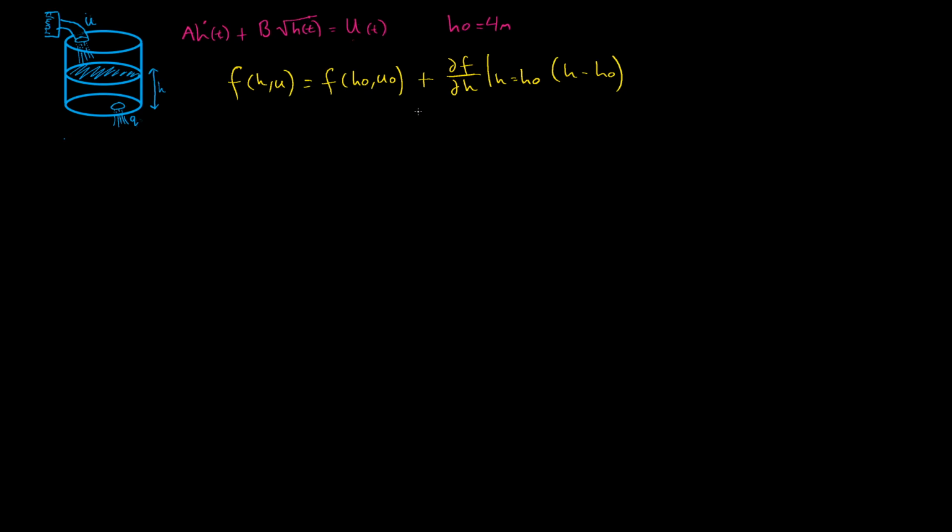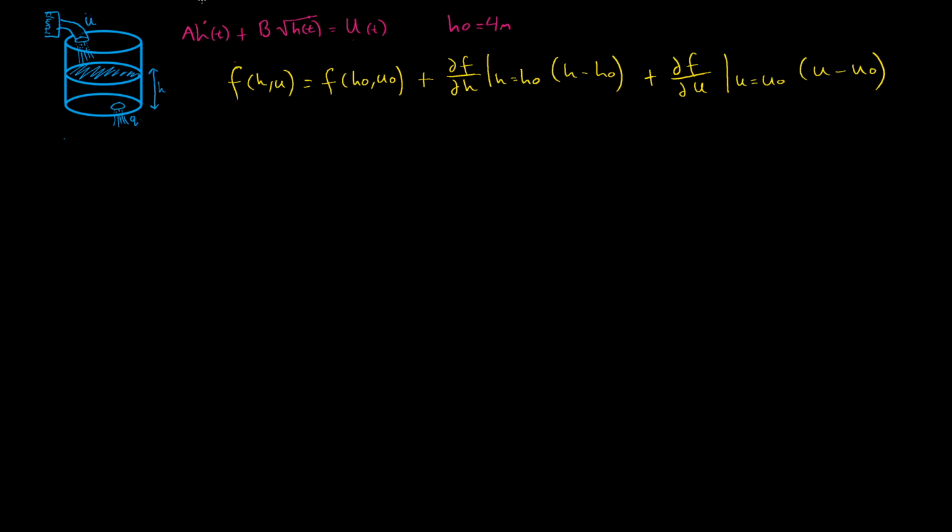Whereas in the last video we would have stopped here, we now need the partial derivative of f with respect to u evaluated at u_0 times u minus u_0. And for a proper Taylor series representation of the original function, we could keep adding terms, but since we're trying to linearize, we stop at the first order terms here.